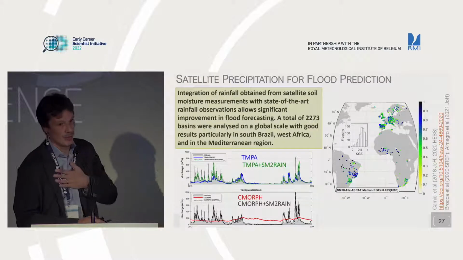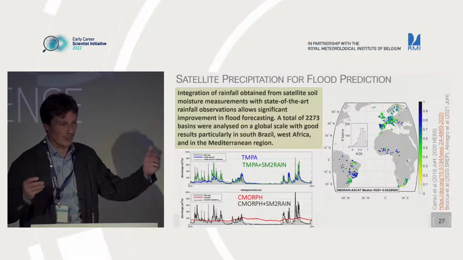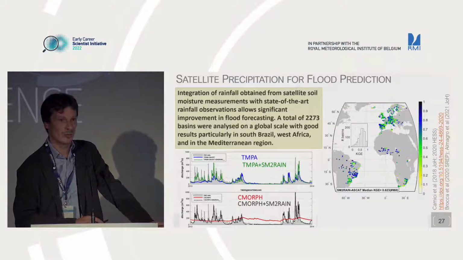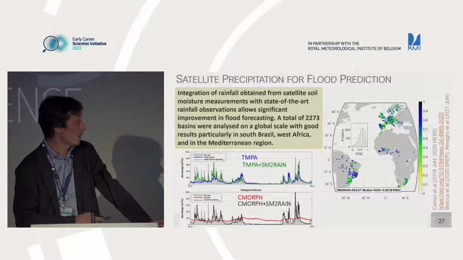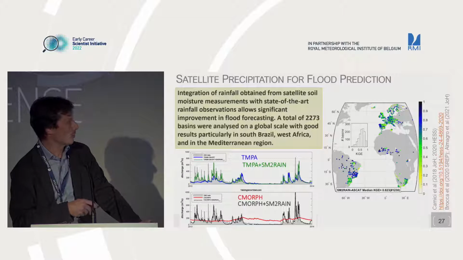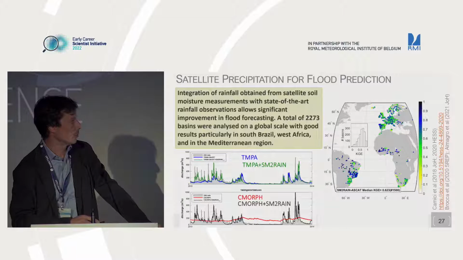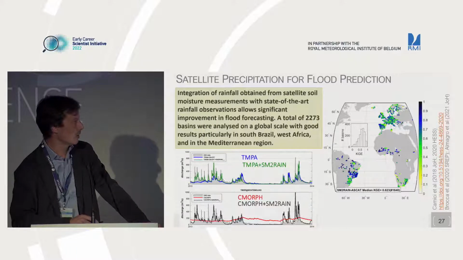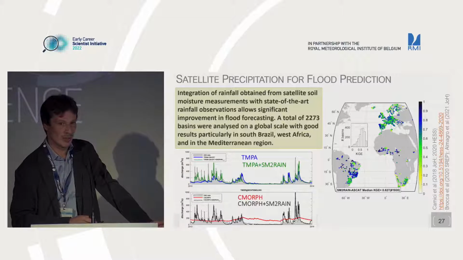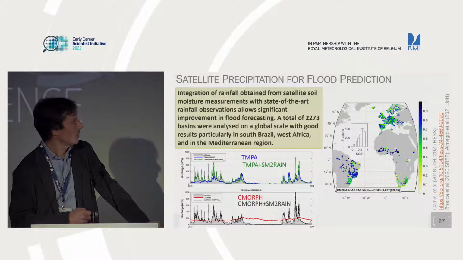Actually, my main field was flood prediction. I'm a hydrologist, and so my main field was to predict floods, to predict this kind of picture. The gray area is observation, and we want to predict this time series as well as possible. But with satellite data, we are now able to do this everywhere. Basically, each dot here is a location over Europe, Africa, and Brazil.